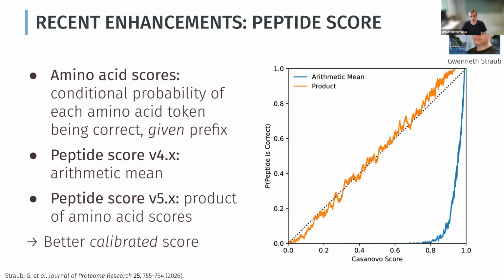And this also makes sense if you think about the amino acid scores as conditional probabilities for each residue given its prefix. And so, you can multiply those conditional probabilities to get the probability of the full peptide sequence. So semantically, it also makes more sense. Okay, thank you.